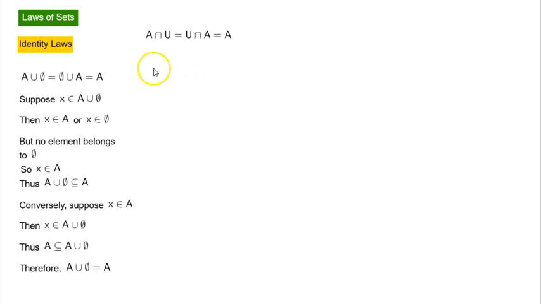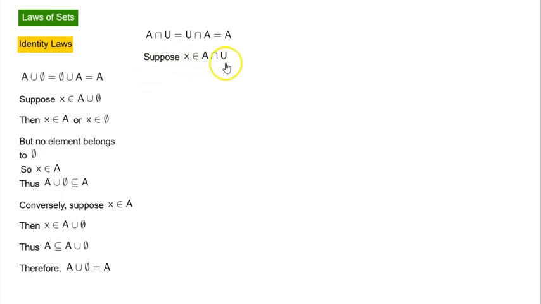Now what about intersection? A intersection U is equal to U intersection A is equal to A. If you try to visualize it with a Venn diagram, immediately you will know the truthfulness of this statement. But if we have to prove it, we would go something like this.